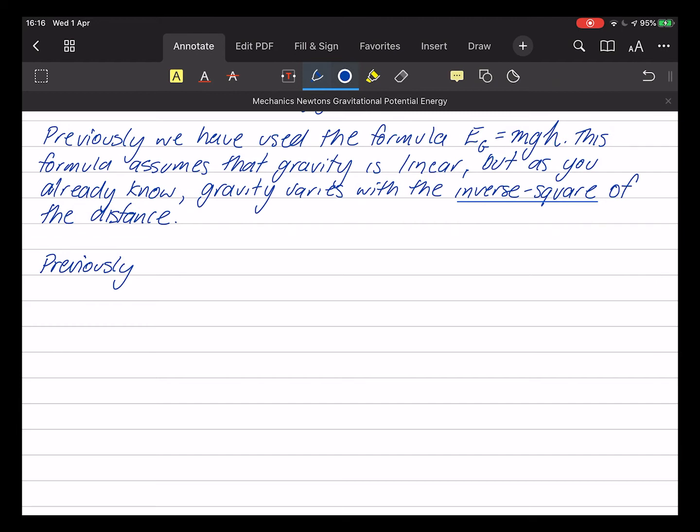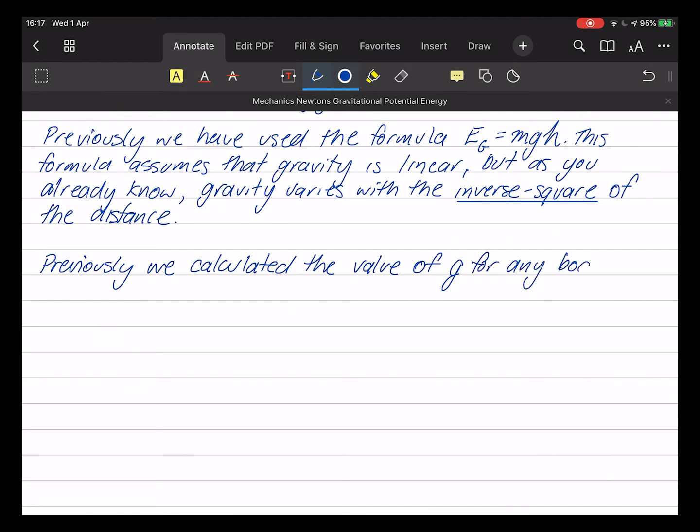Now previously we used a combination of Newton's second law and Newton's universal law of gravity to calculate the acceleration due to gravity of any planet. And of course, here at Earth, we find that that ends up being 9.8. So previously we calculated the value of g for any planet, for any body.